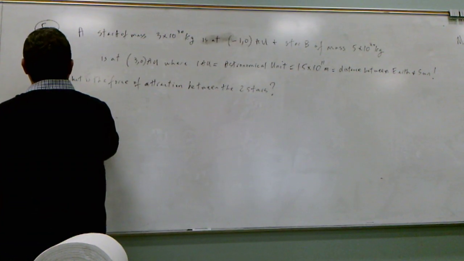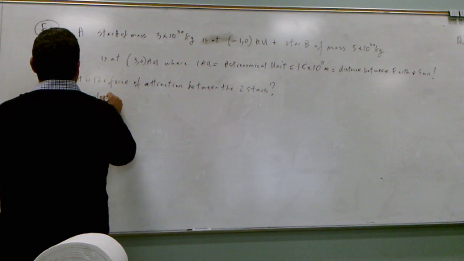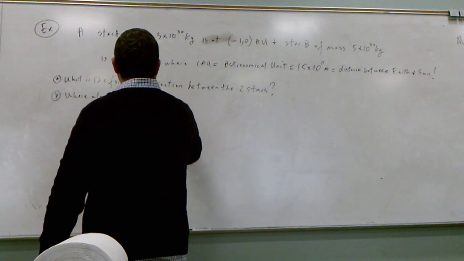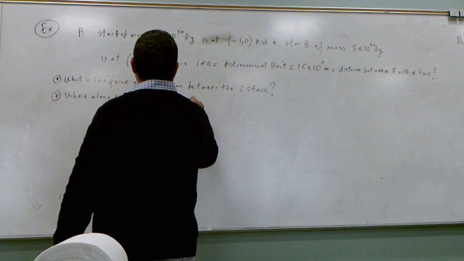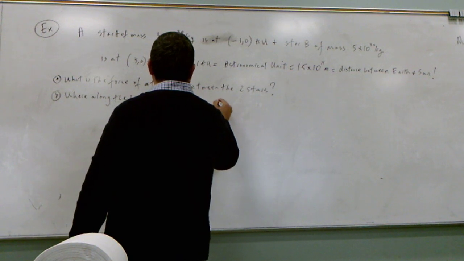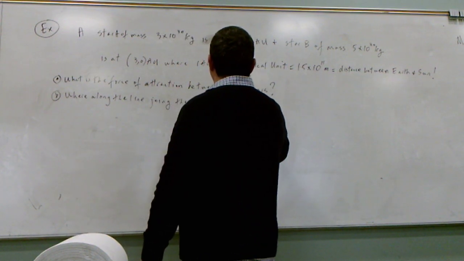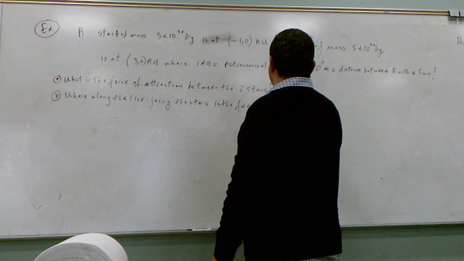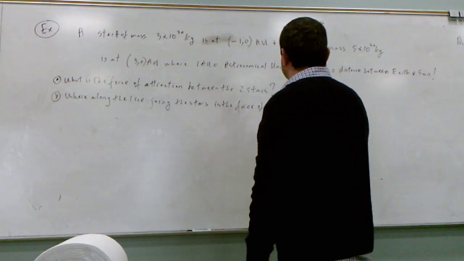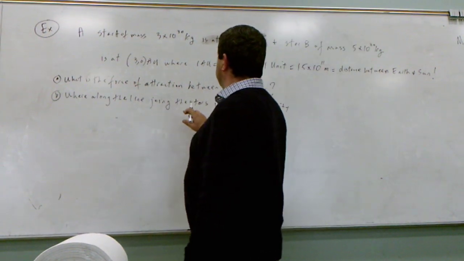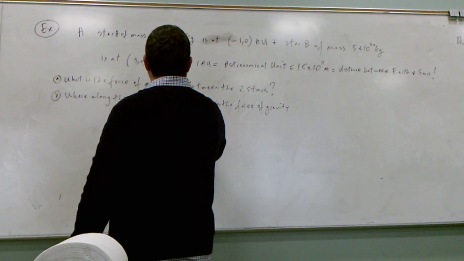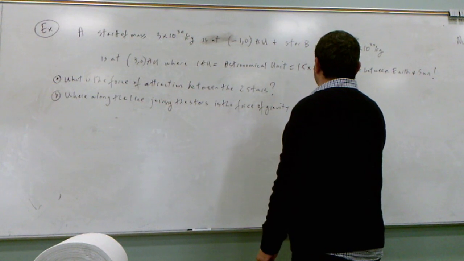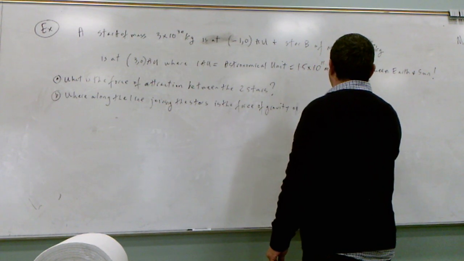B, we can ask, where along the line joining the stars is the force of gravity on a third star equal to 0?